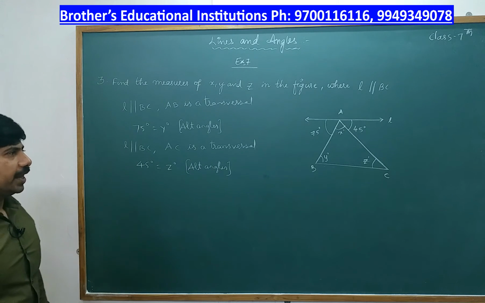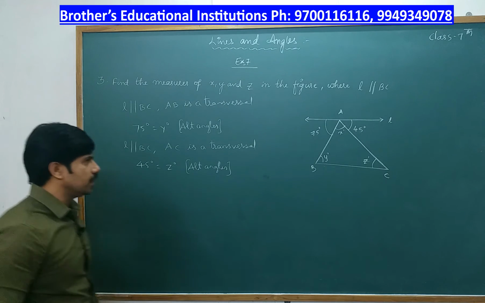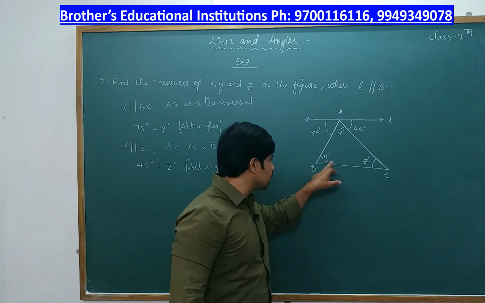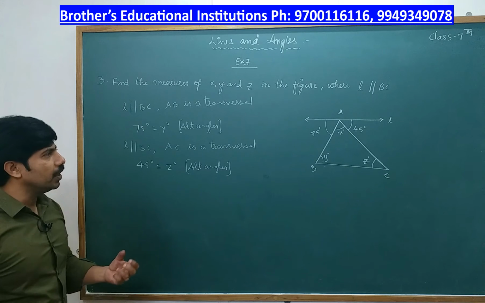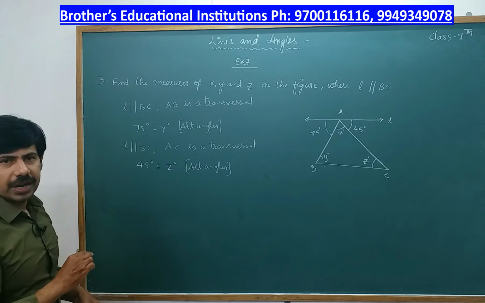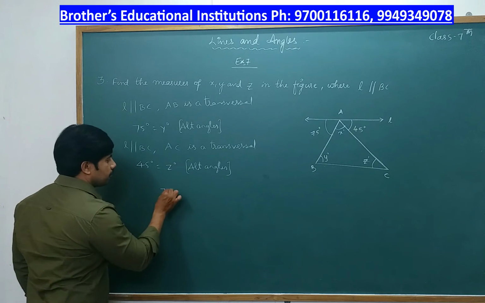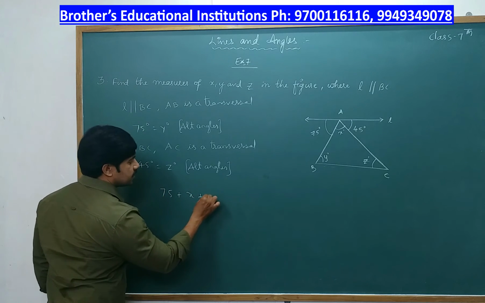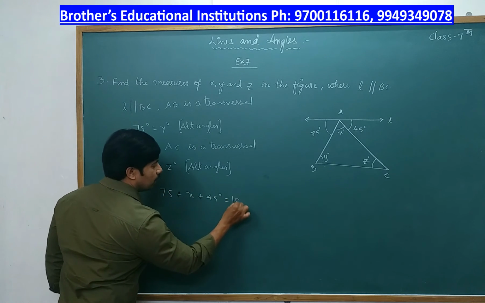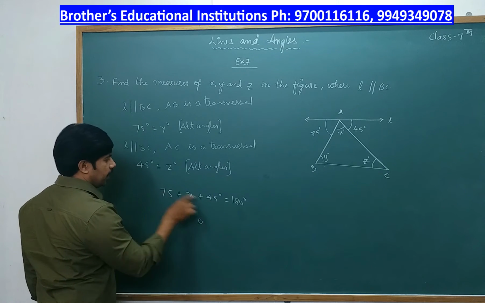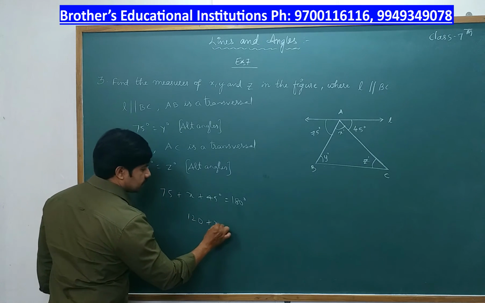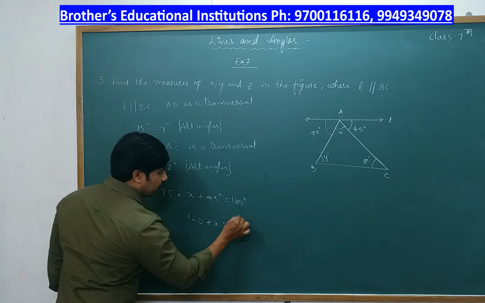Now how to find x? We have two methods to find x. One is you can apply the angle sum property to find x, as we know y and z. Or what we can do is, L is a straight line, so 75 plus x plus 45 degrees is equal to 180 degrees. 75 plus 45 is 120, plus x is equal to 180 degrees.